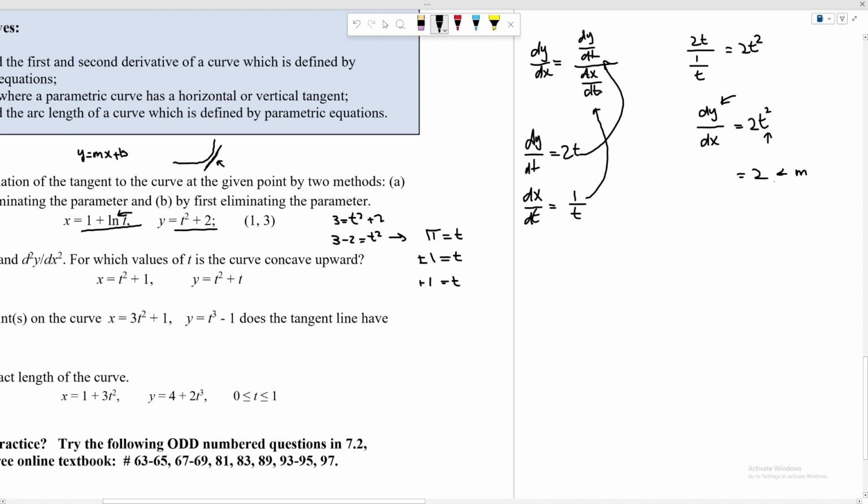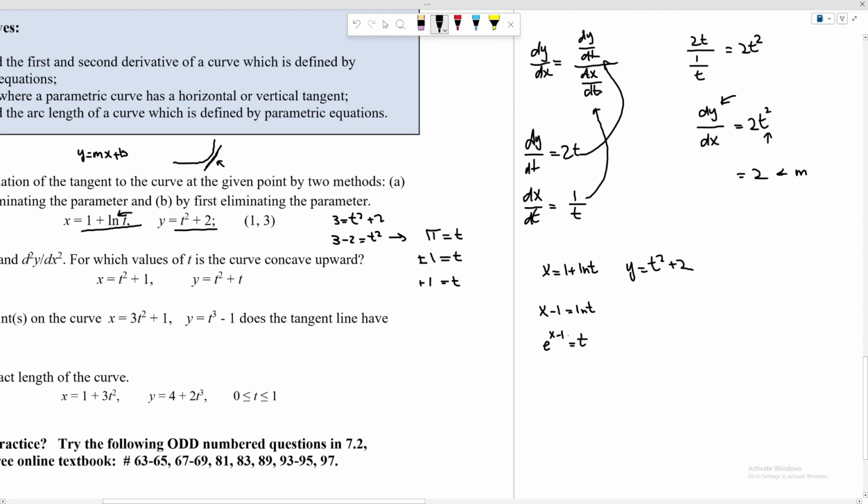Now let's use the second method to find the slope, which is: if you have x equals 1 plus ln t, and y equals t squared plus 2, and we're trying to find the slope here, what we could do is isolate for t. So x minus 1 will leave me with ln t, and I can exponentiate, which cancels out ln, so it will be e to the x minus 1 equals my t.